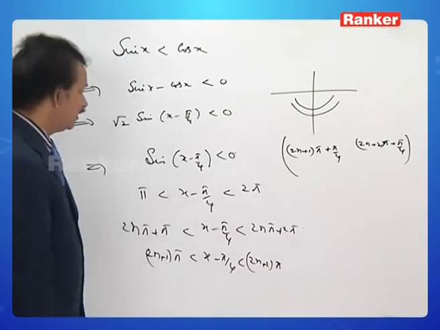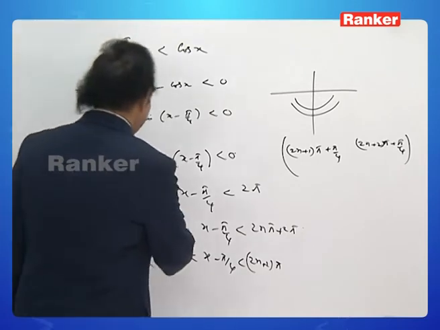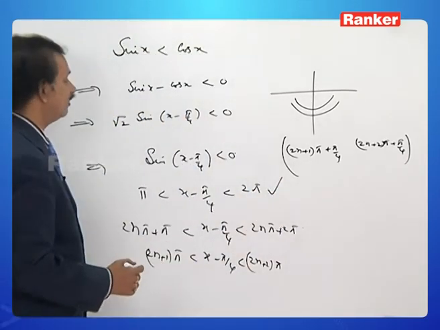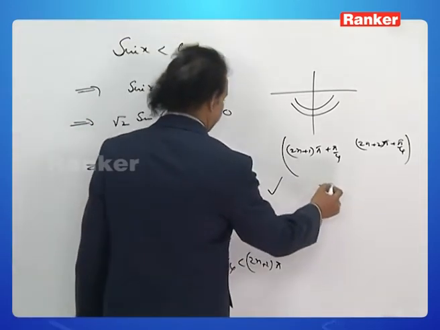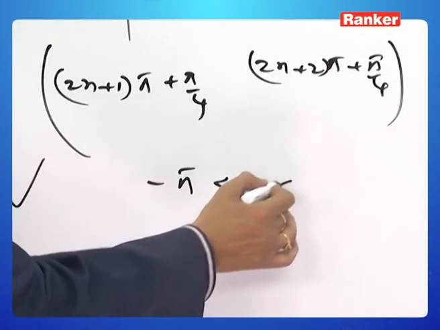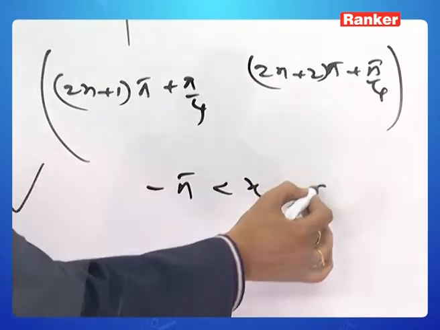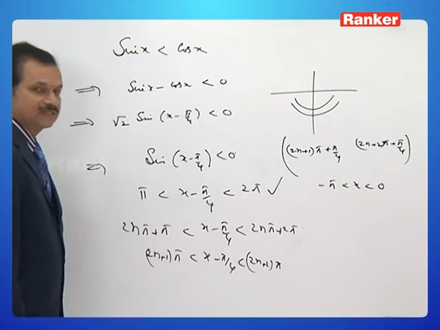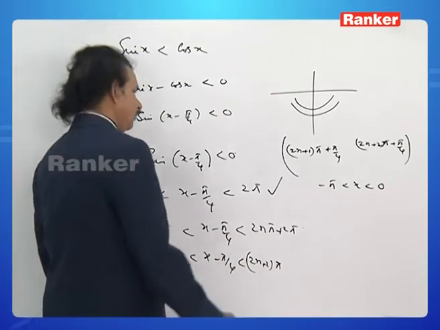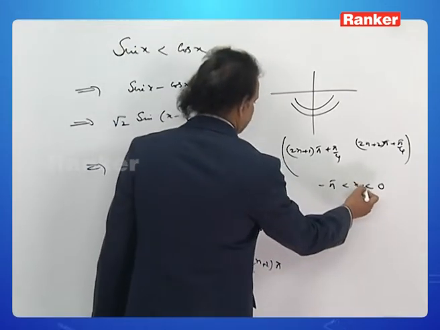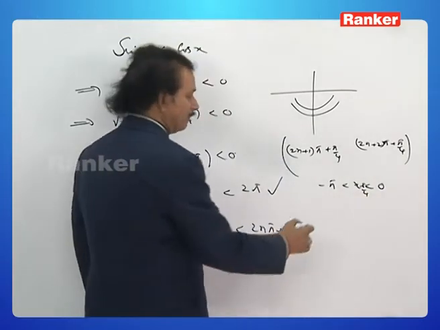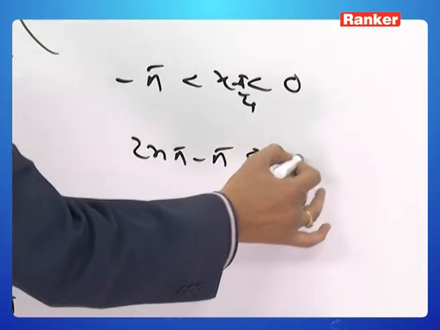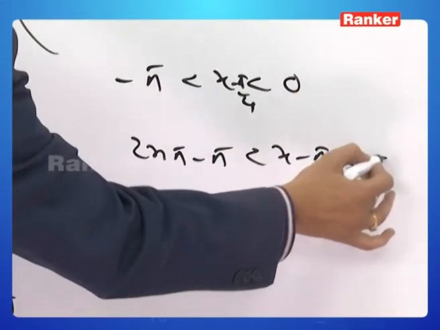Or otherwise, you can say one thing. You see, at this juncture, you can also have minus pi less than x less than 0. Okay, x minus pi by 4 less than 0. Add 2n pi. 2n pi minus pi less than x minus pi by 4 less than 0.